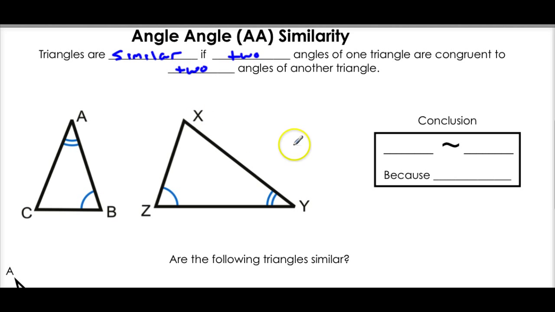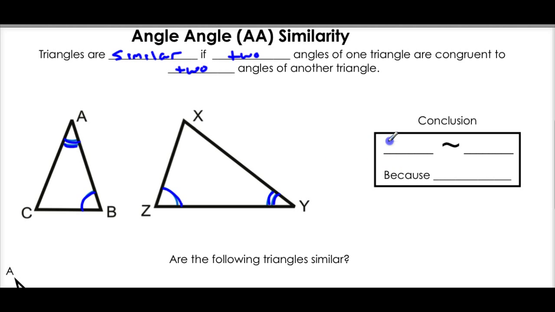Do we have 2 congruent sets of angles? And that is a yes, right? We know B is congruent to Z, so that's 1 set. And we know A is congruent to Y, so that's 2 sets. So that means we have 2 sets of congruent angles, and these 2 triangles must be similar. It's that simple, all right?